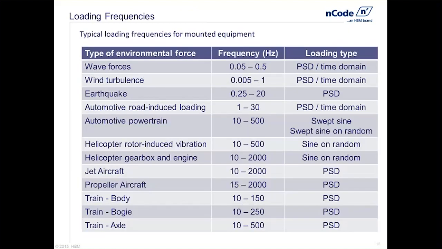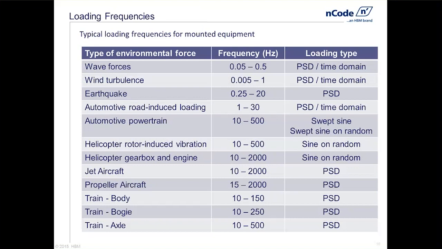To give you guys an idea, maybe to put some of these frequency ranges into perspective, the human ear responds to frequencies between 20 hertz and 20,000 hertz. A lot of times when we look at conducting a test, whether it's ground vehicle related or aircraft related, there's going to be certain frequencies we're looking at.